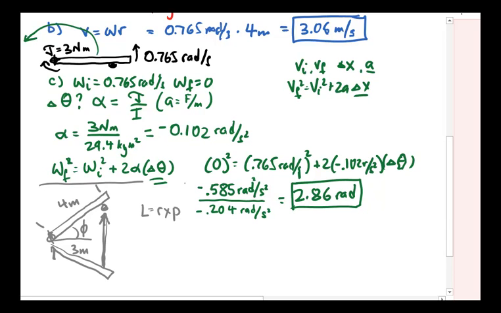Something you might notice, those who play baseball, softball, golf might know this. If I were to have the blob of clay hit further out here, and let's say it wasn't pinned, this whole thing would tend to rotate counterclockwise.